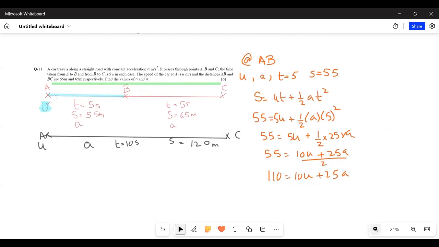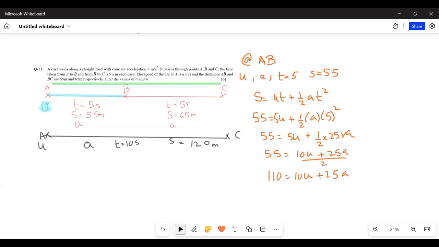You could also divide both sides with 5. Just give me a second. All right, sorry.